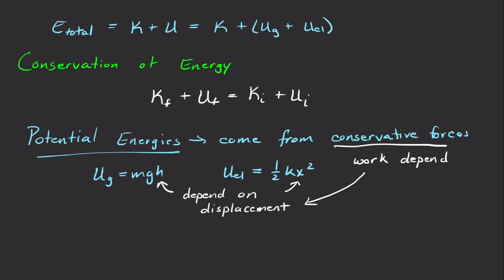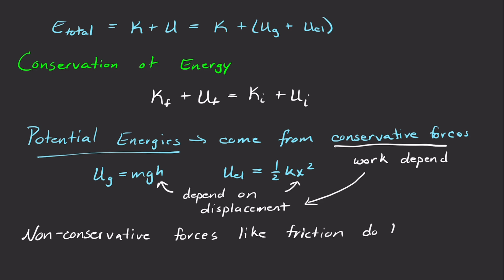So an example of a non-conservative force would be friction. Non-conservative forces like friction do not have potential energies because friction doesn't depend on your position.